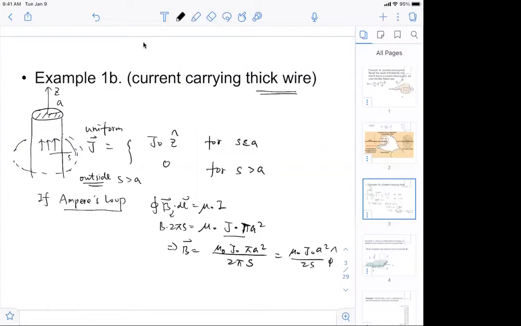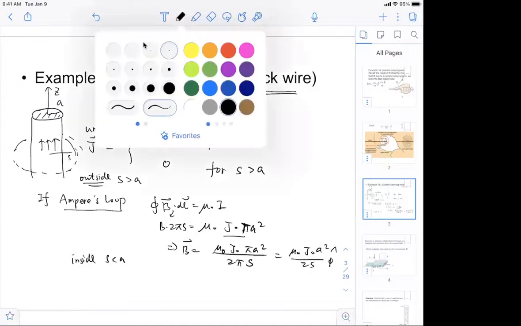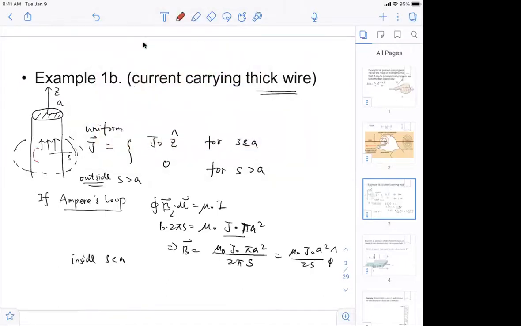Okay, now if you want to find B inside, let's draw another Ampere loop. I'm going to draw a smaller Ampere loop, again at a distance s away from the origin. The same process: B times 2 pi s equals mu naught I enclosed. Now the current enclosed is J times what quantity?